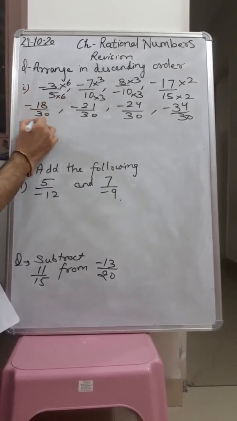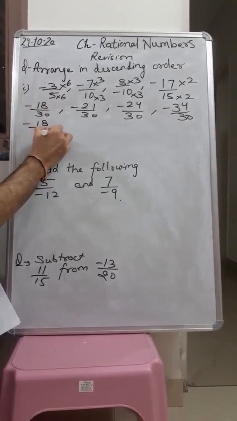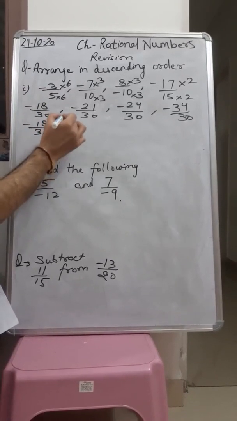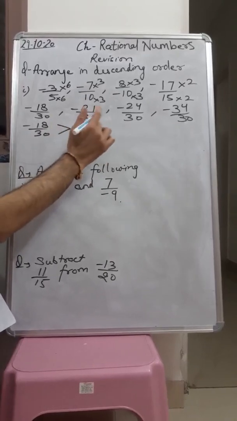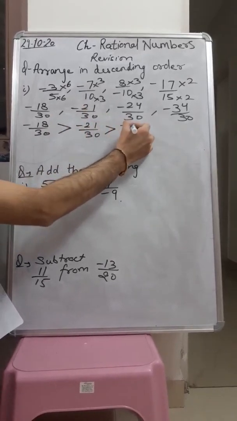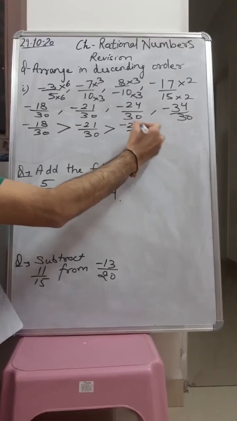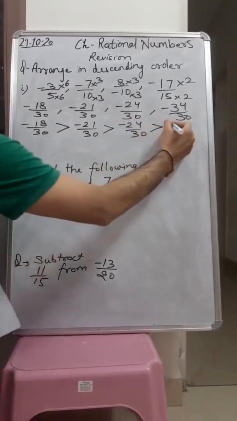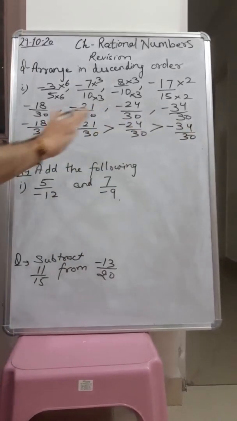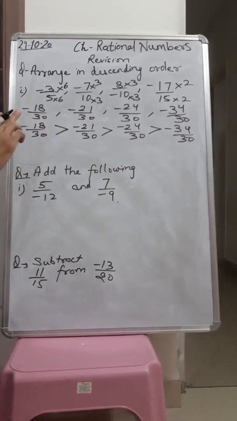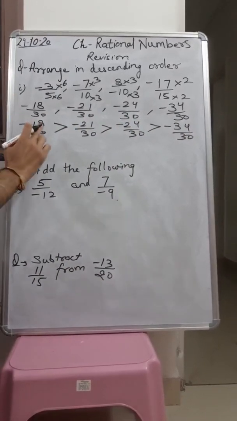Minus 18 upon 30 is greater than minus 21 upon 30, minus 21 upon 30 is greater than minus 24 upon 30, and minus 24 upon 30 will be greater than minus 34 upon 30. So this is already in descending order, but we have to write it in its original form.